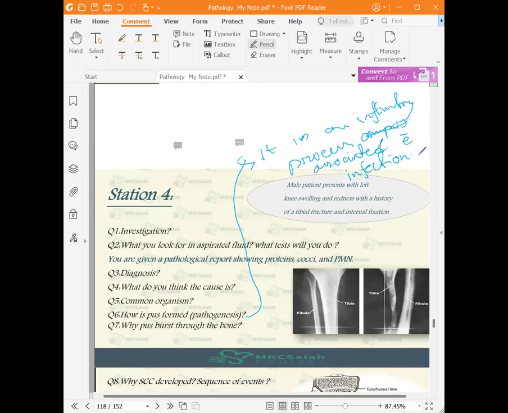Then you will say the previous result, that it mainly consists of fluid part and solid part. Okay. It is an inflammatory process associated with infection consisting of fluid part and solid part.